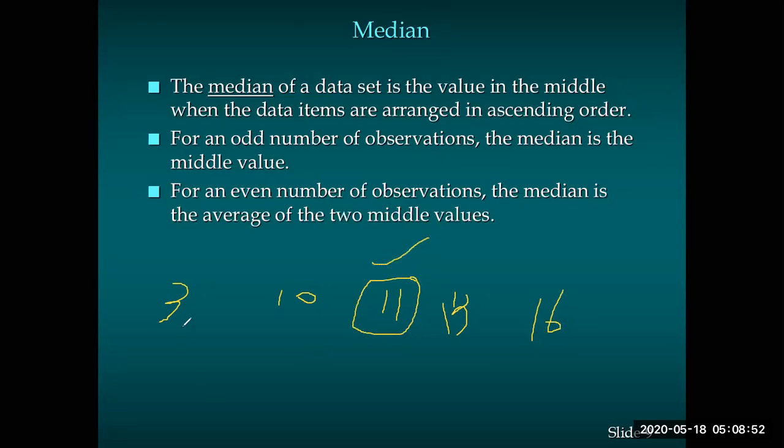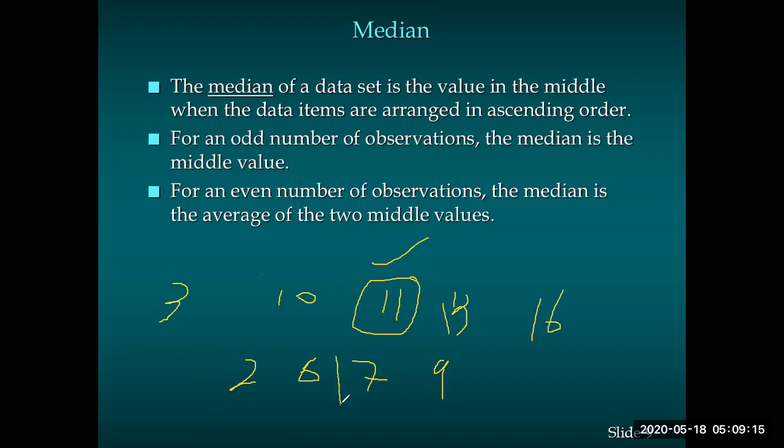If I have an even number of observations, so let's say I have 4 observations, 2, 6, 7, and 9. How many observations do I have now? 4. So where is the middle value?